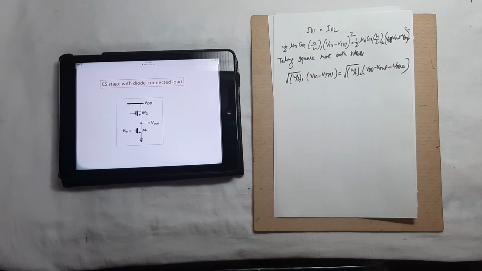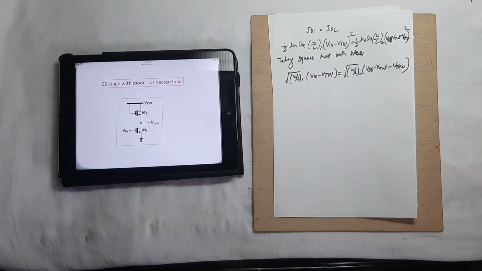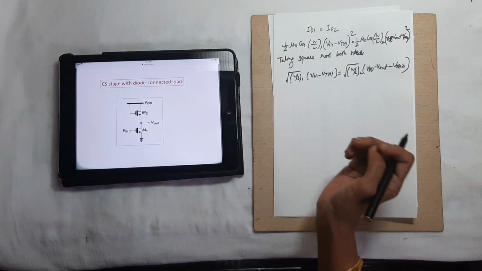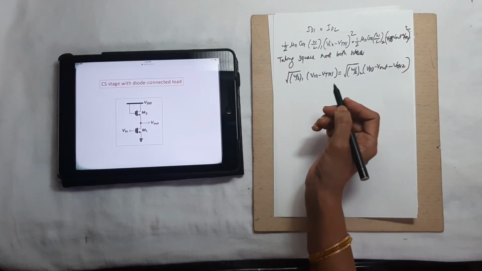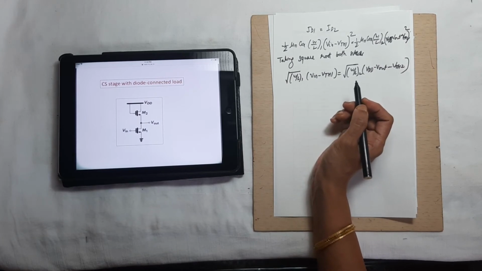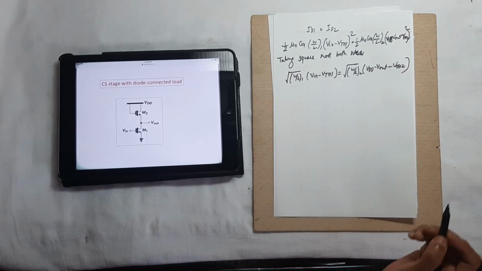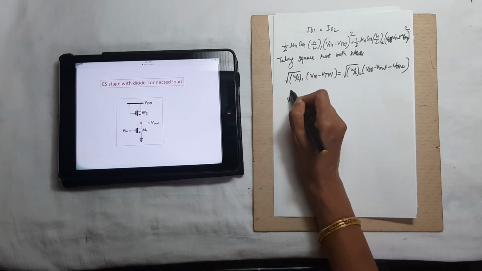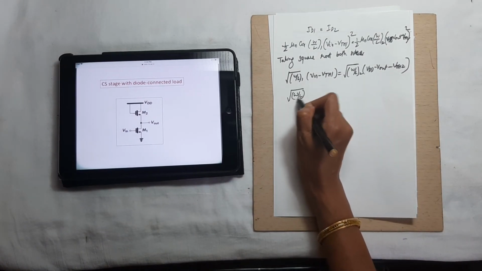Thus, if the variation of VTH2 with Vout is small, the circuit exhibits linear input-output characteristics. The small signal gain can also be computed by differentiating both sides with respect to Vin. When we differentiate, we get square root of W by L of the first transistor.